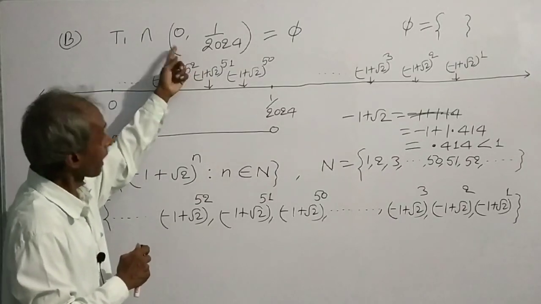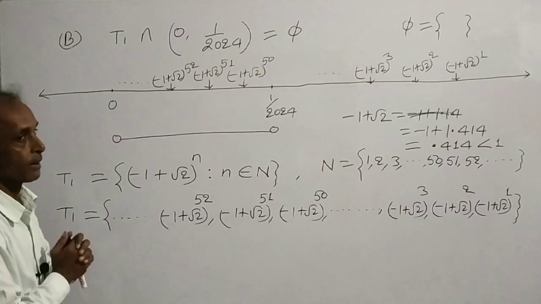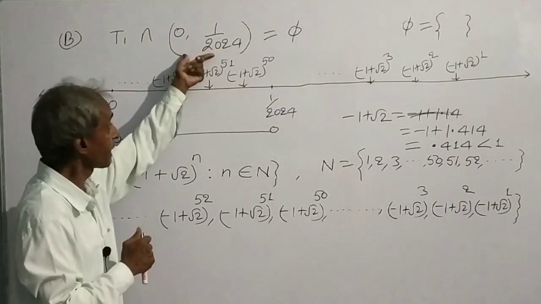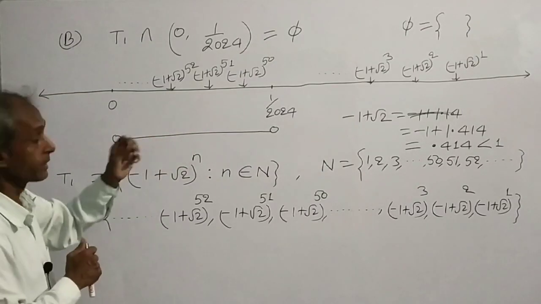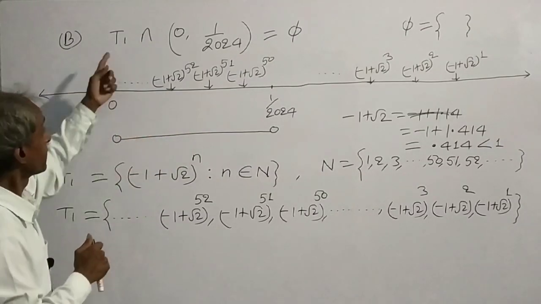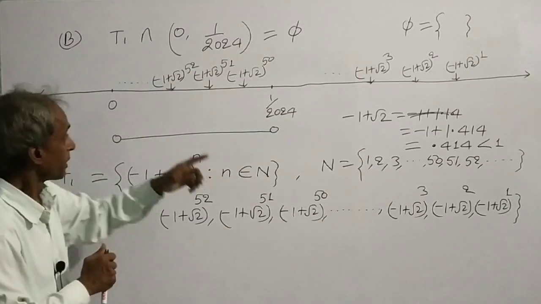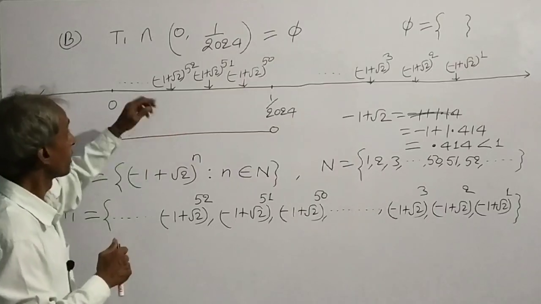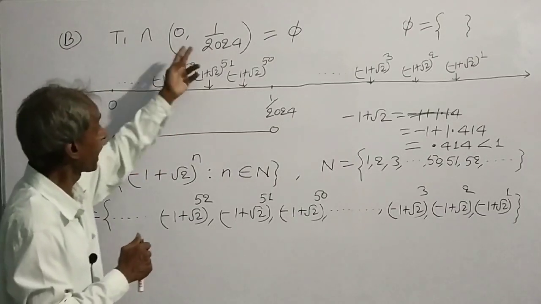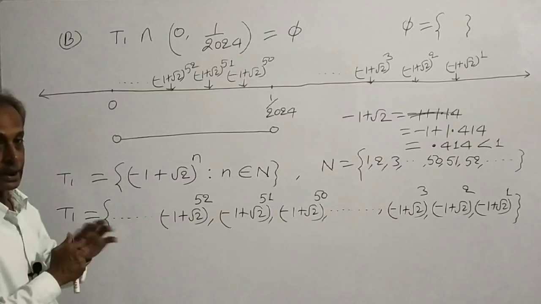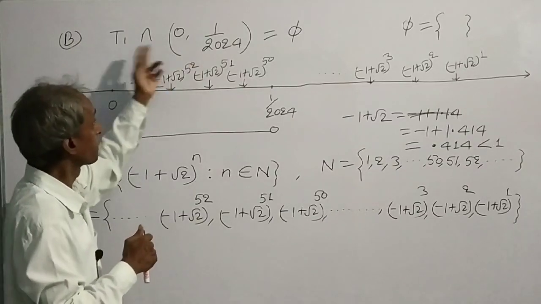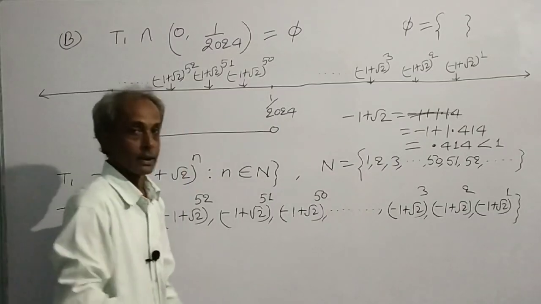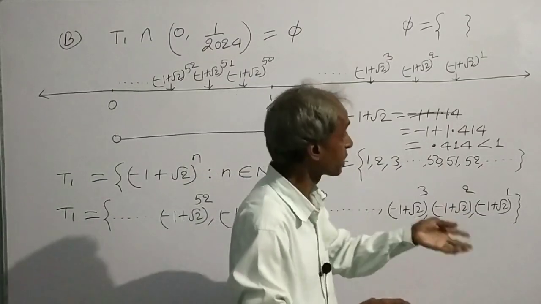If some numbers are also present in this set, then T1 intersection this set means the numbers that are common in T1 and this set. We observe that these numbers are common, present in both. Therefore, the intersection of these two will have some numbers.